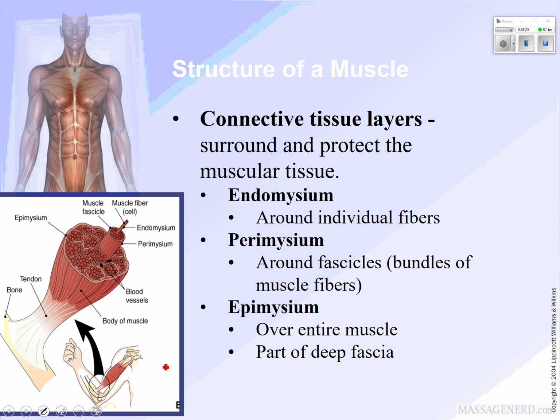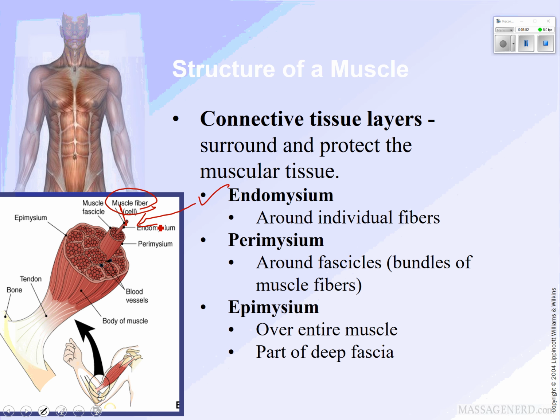Structure of a muscle: the connective tissue layers are going to surround and protect the muscular tissue. If you look here at the picture, this one little piece here is a muscle fiber. It looks like a little straw sticking up, but that is an actual muscle fiber cell. Around that individual fiber, you have the endomysium layer.